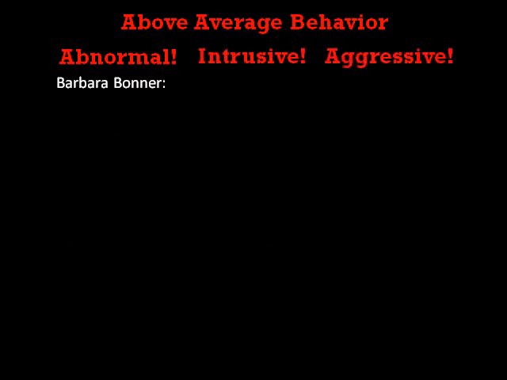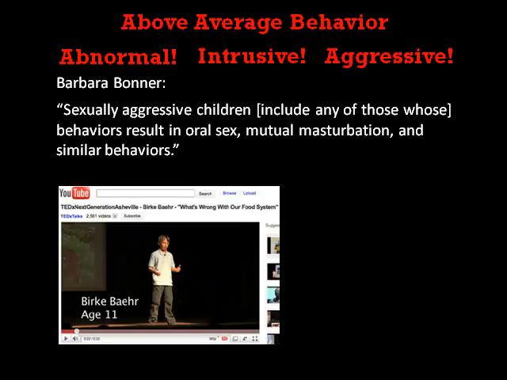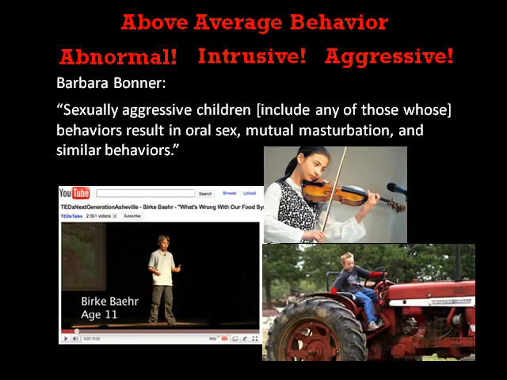So, precocious sexual behavior is abnormal. We call it intrusive and aggressive, even if both children are willing and there is no aggression. Of course, when we're talking about non-sexual behavior, it would be inaccurate to refer to precocious behavior as intrusive and aggressive, but it is perfectly accurate in the field of sexuality.